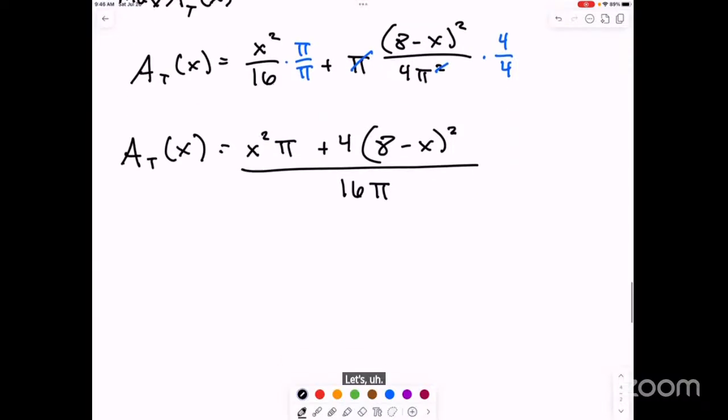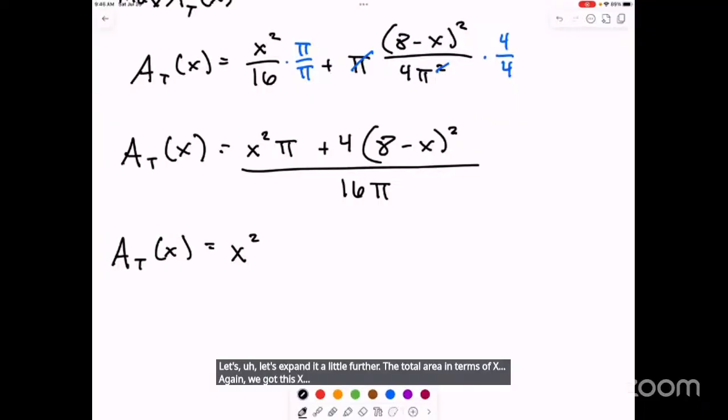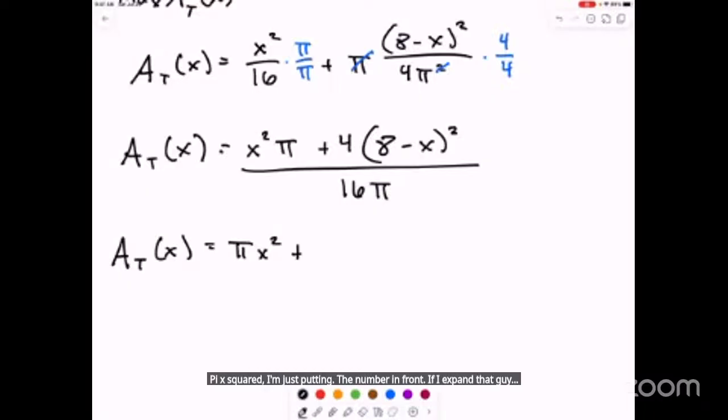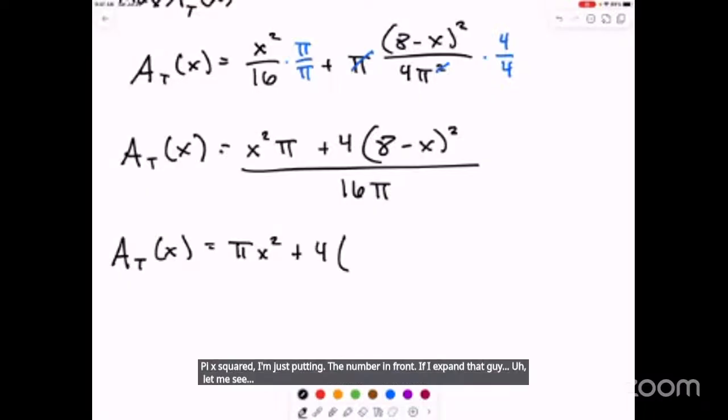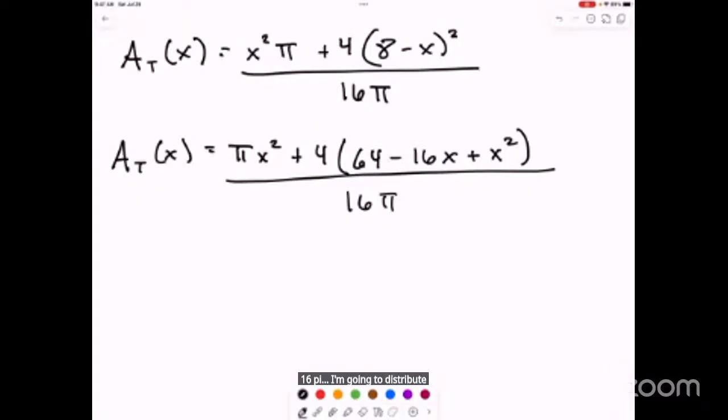Let's expand it a little further. The total area in terms of x. Again, we got this x squared; we're going to rewrite that as pi x squared, just putting the number in front. If I expand that, we get 64 minus 16x plus x squared, over 16 pi. I'm going to distribute and combine like terms.